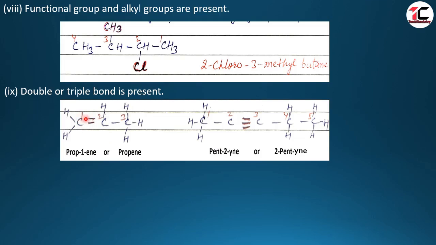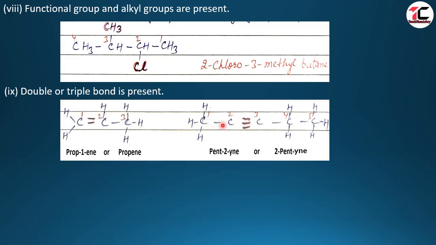So it is 1, 2, 3. Now naming. How can we name? As there are 3 carbon atoms, it is prop. At the first number it is a double bond, so it is 1-ene, or we can say propene. It is only for number one; for number 2 and number 3 we will not write this.